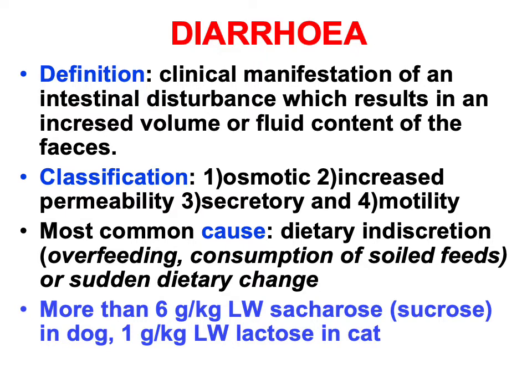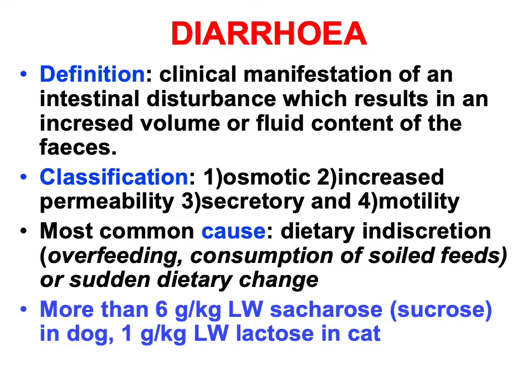It is very interesting, the enzyme deficiency related diarrhea. More than 6 gram per kilogram live weight saccharose or sucrose cannot be split and digested in dog and will cause osmotic diarrhea.